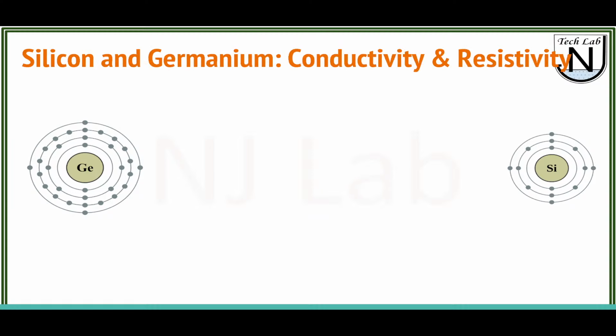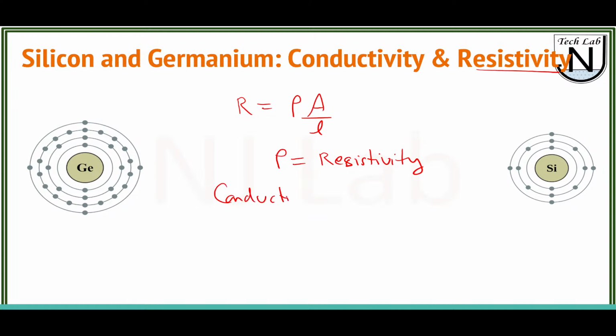So this we have already discussed, conductivity and resistivity. And we also know that the resistance is rho L by A, where rho is the resistivity. And we also know that conductivity is inversely proportional to resistivity, right?